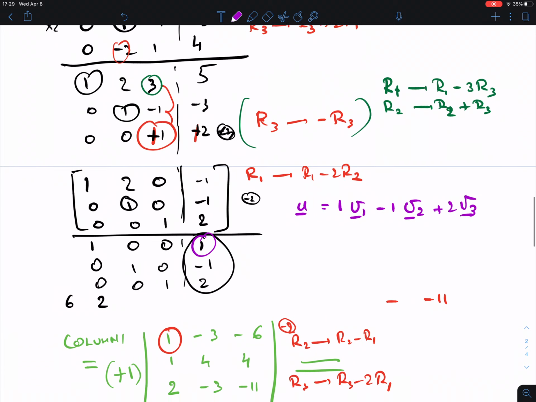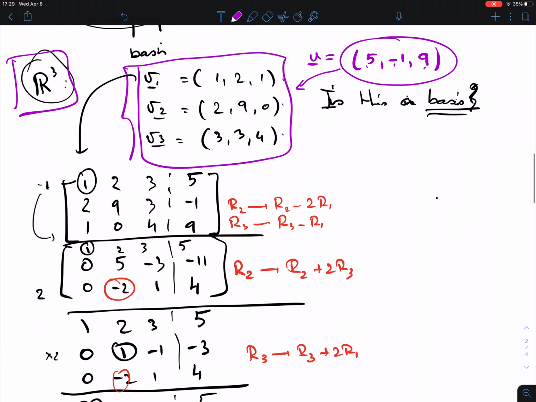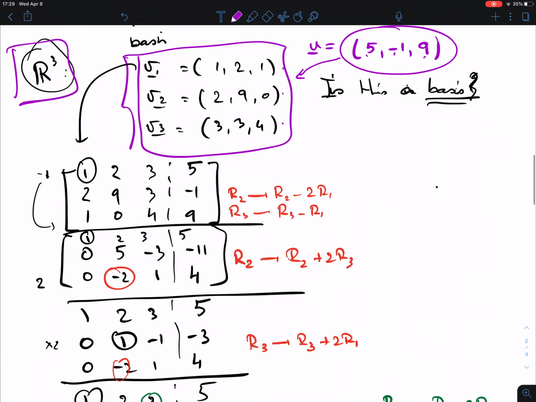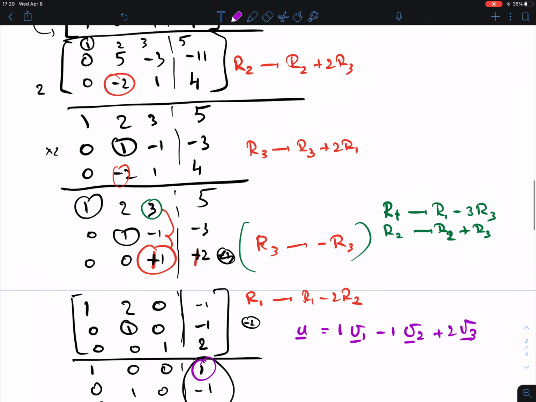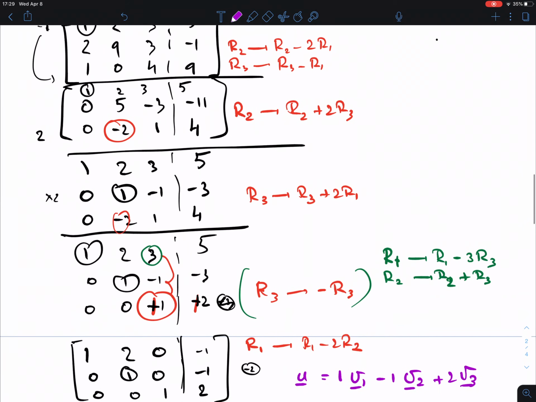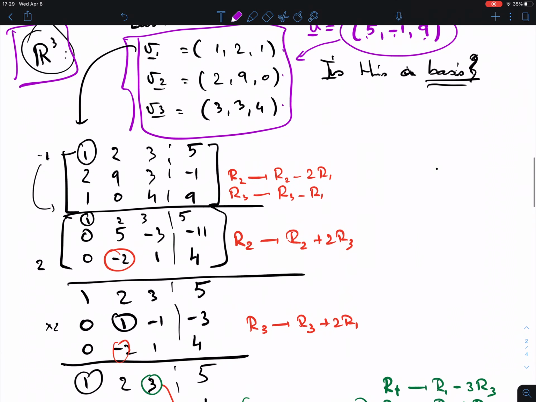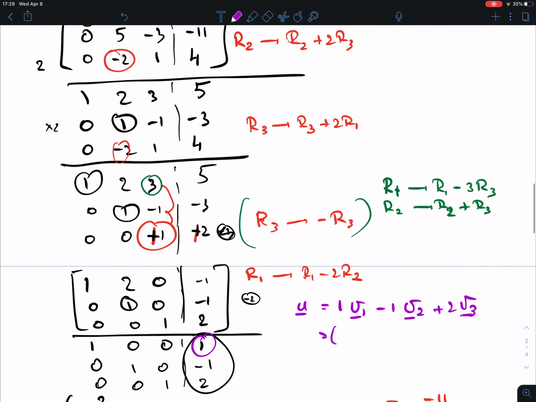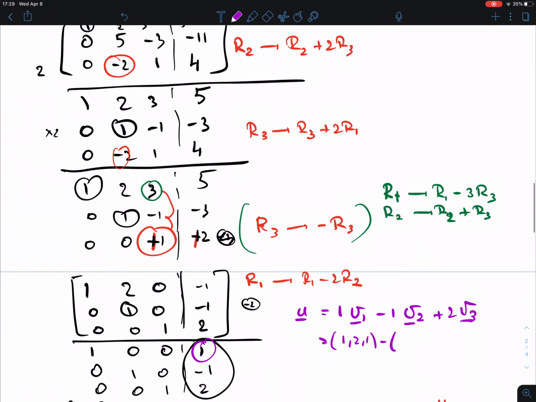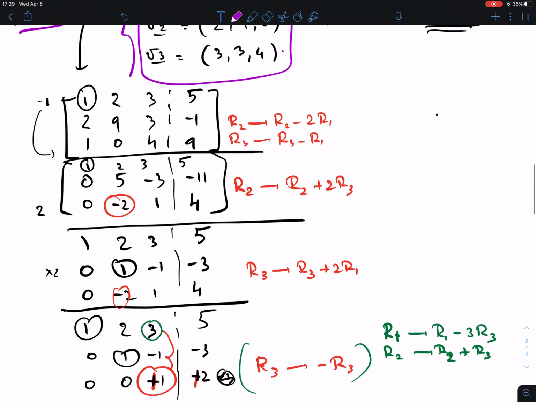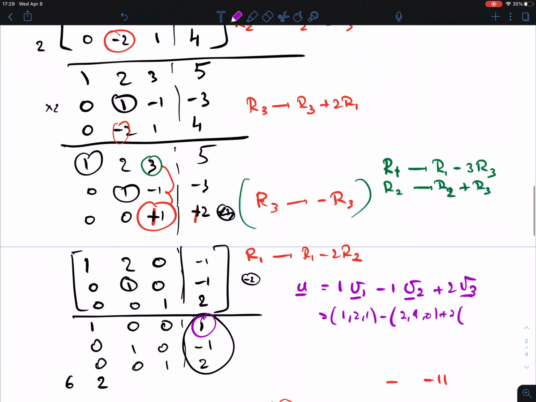And again, we can check this, right? So let's look at the coordinates here. If I were to calculate the coordinates, this was 1, 2, 1, minus, what was the other guy? 2, 9, 0, plus 2 times 3, 3, 4.